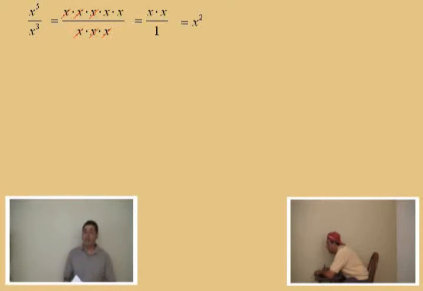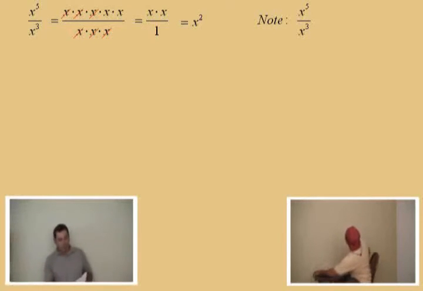So think about it this way. There were 5 x's on top, 3 x's on the bottom, leaving you with 2 x's on the top. Just 2 of them. See? Anyway, let's go on here. We have x squared. And so let me make a note of your exponent rules. Now, some of you were told that when you're dividing a rational expression like this, x to the fifth divided by x cubed, with the same base, what do you do with the exponents, Charlie?